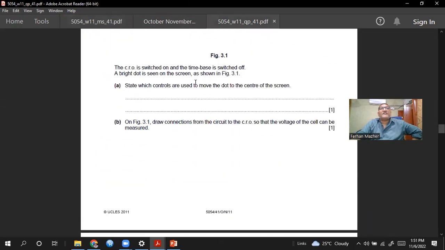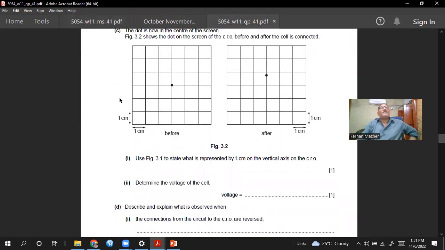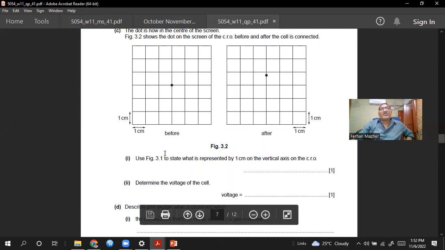So the next part. It says the dot is now in the center of the screen. Figure 3.2 shows the dot on the screen of the CRO before and after the cell is connected. So when you have connected the cell, the dot has gone upward. Using figure 3.1, state what is represented by 1 centimeter on the vertical axis of the CRO.